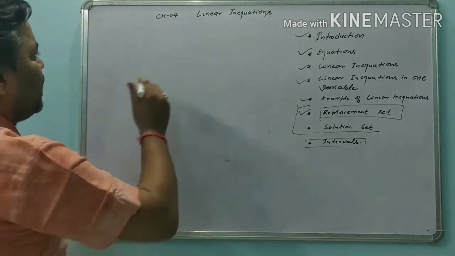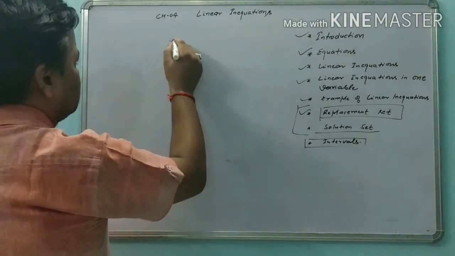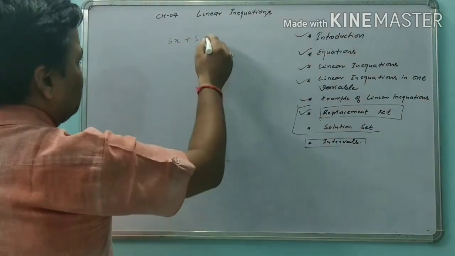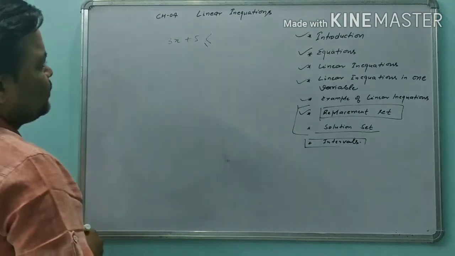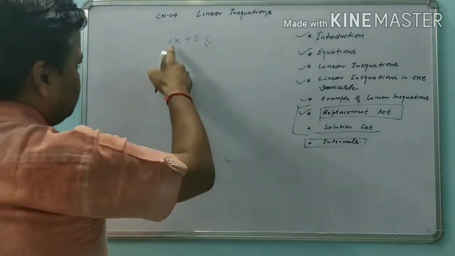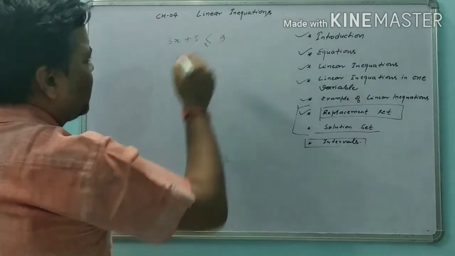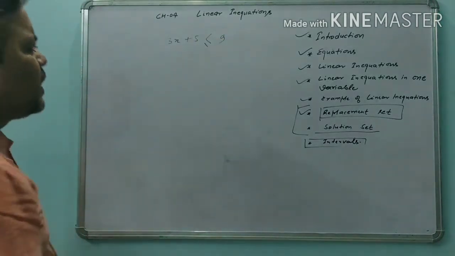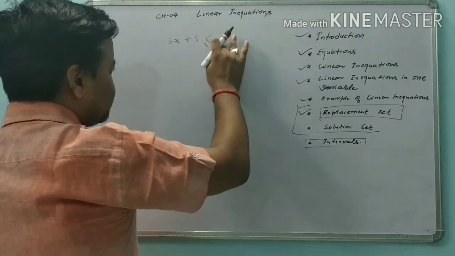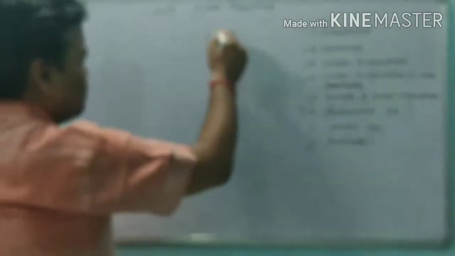Just like if we have this inequation: 3x plus 5 is less than or equal to 12.